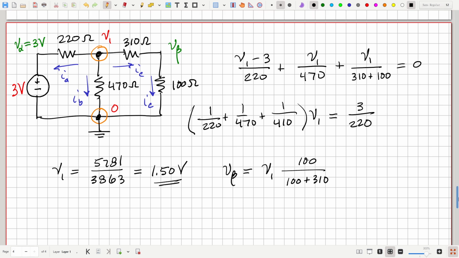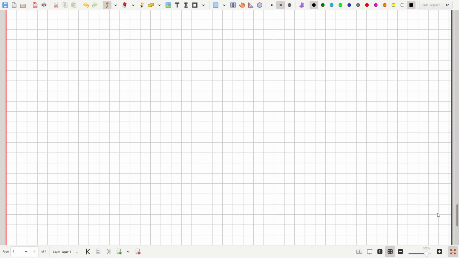Let's do another example. Let's look at this circuit here.